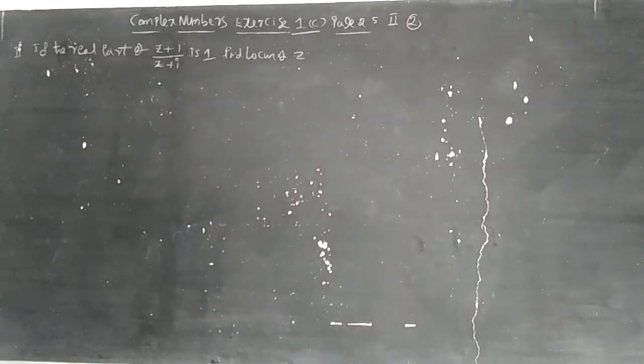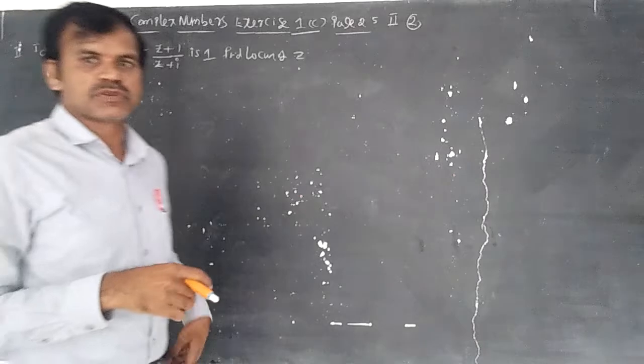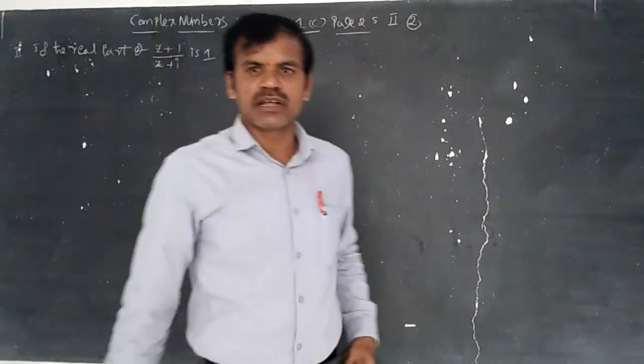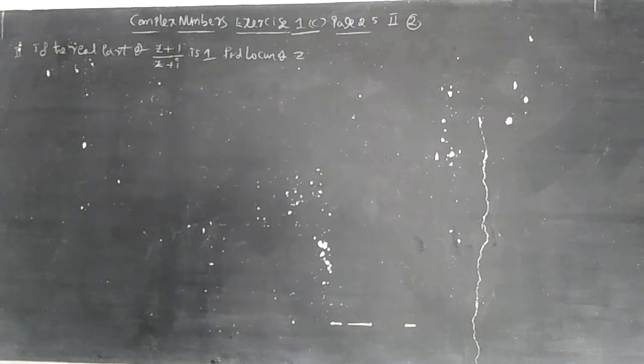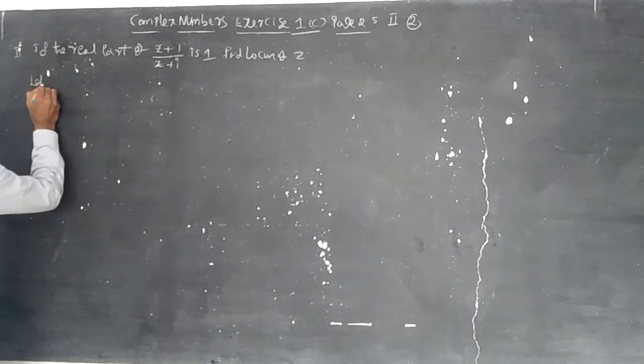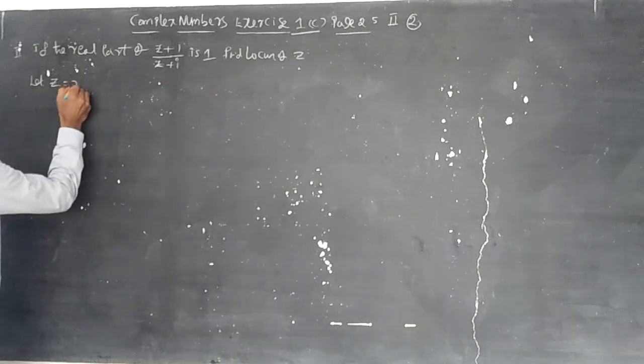Let P(x1, y) be any point in the locus. In the complex number concept, we can say that z is equal to x plus iy is a complex number. Let z is equal to x plus iy.